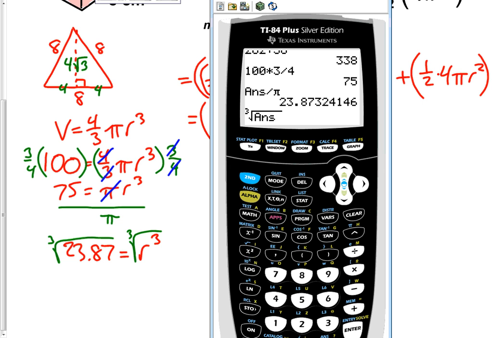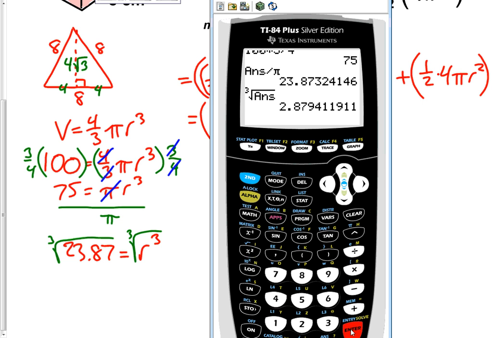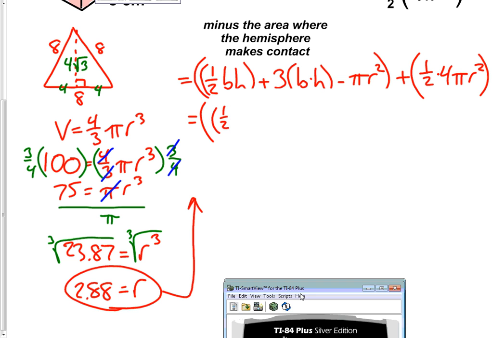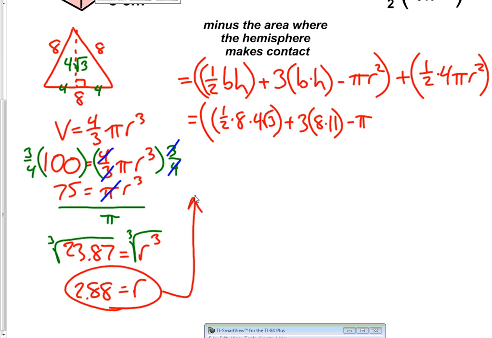It'll pull up that number, including all of its decimal points, and give me a radius in the ballpark of 2.88. All of that work was done so that we could plug in back here for the radius. It was 2.88 squared.